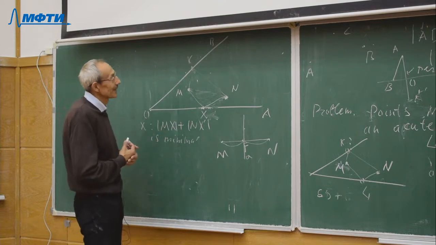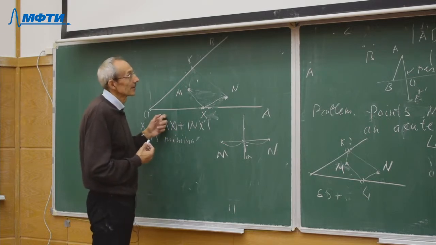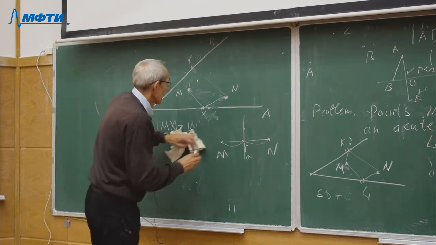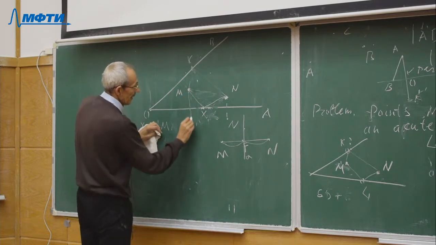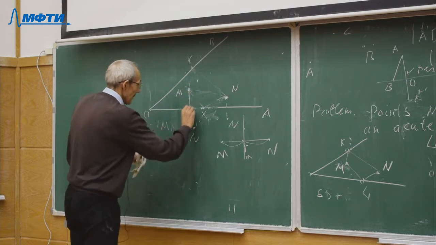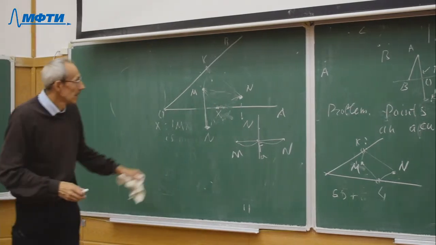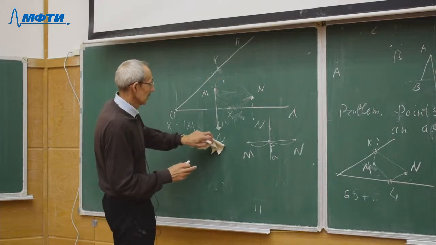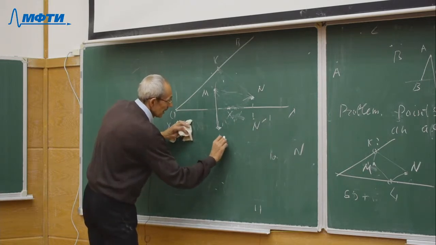Let's reflect this picture relative to this straight line, and we obtain such point M and such point N. How can we use these reflected new points? Let's denote them N prime and M prime.